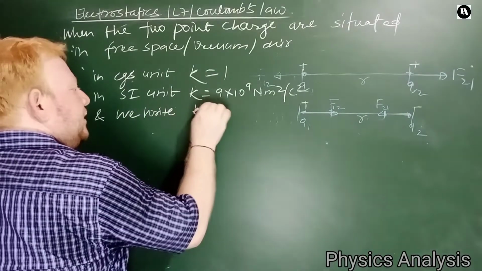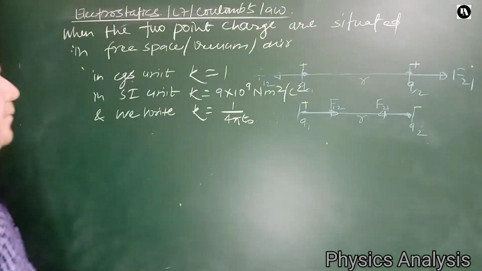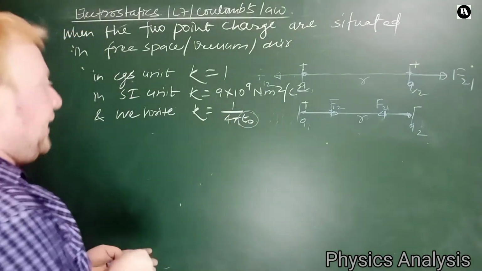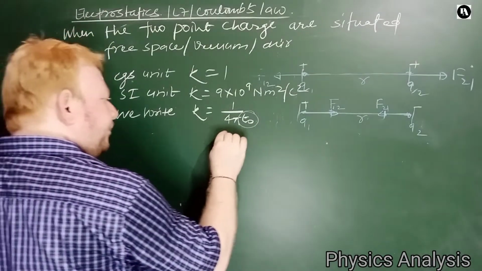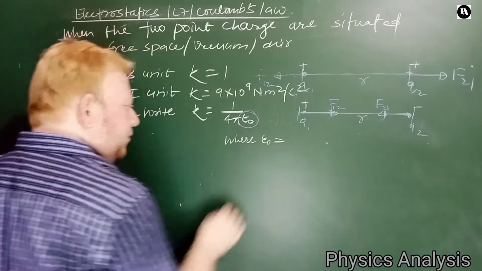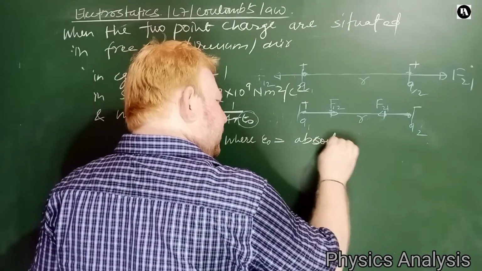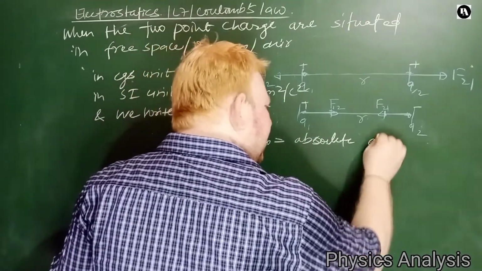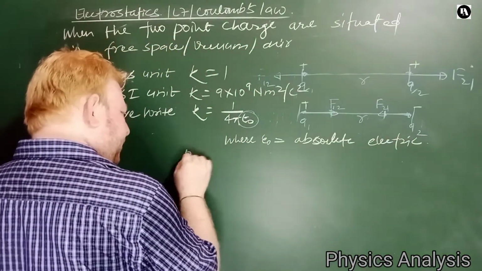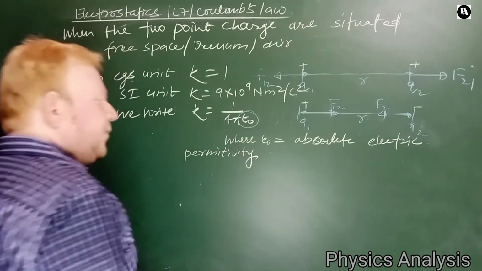K is equal to 1 upon 4 pi epsilon naught. Now what is there here? Epsilon naught. So I can write here where epsilon naught is equal to absolute electrical permittivity, right?